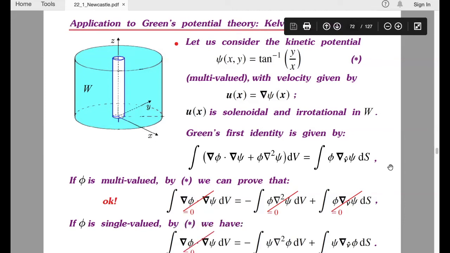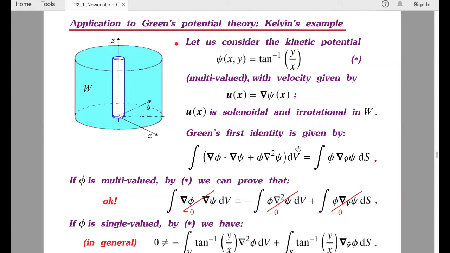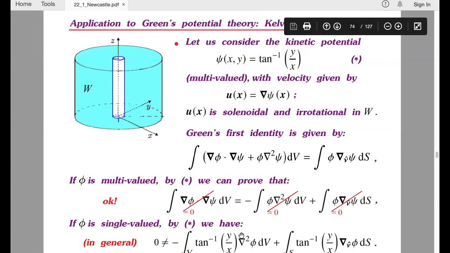Okay, so we use that one. But then if phi is single valued and psi is multi-valued, then this is no longer 0, because we didn't specify phi at all. So if we just substitute the arctan here, we have this expression in general.